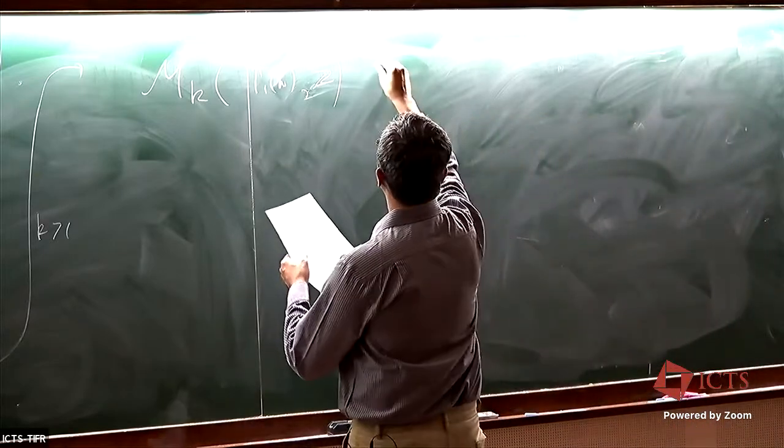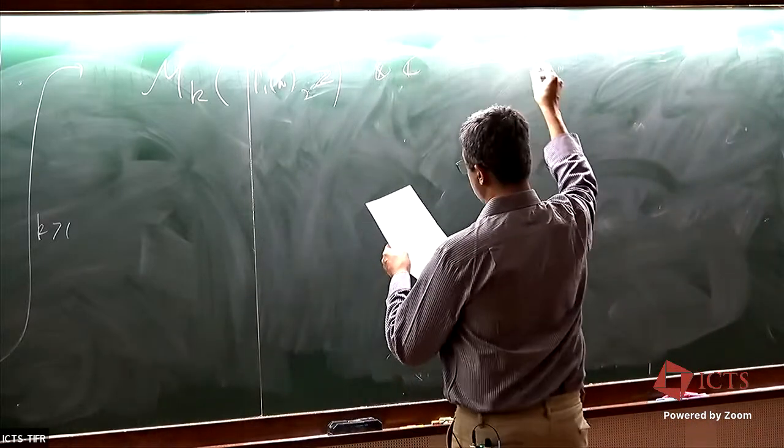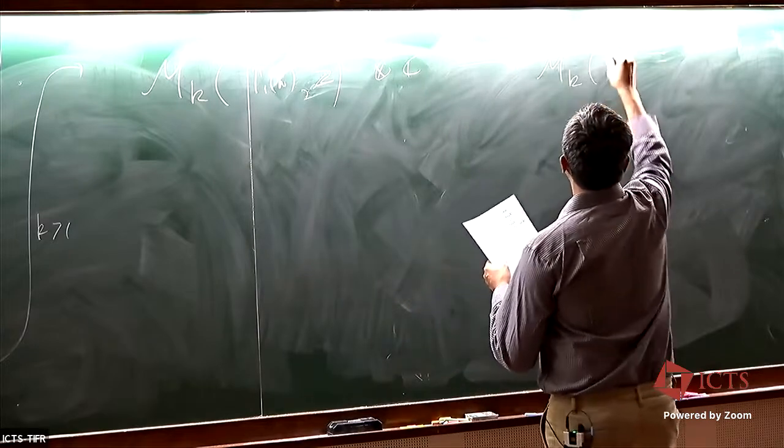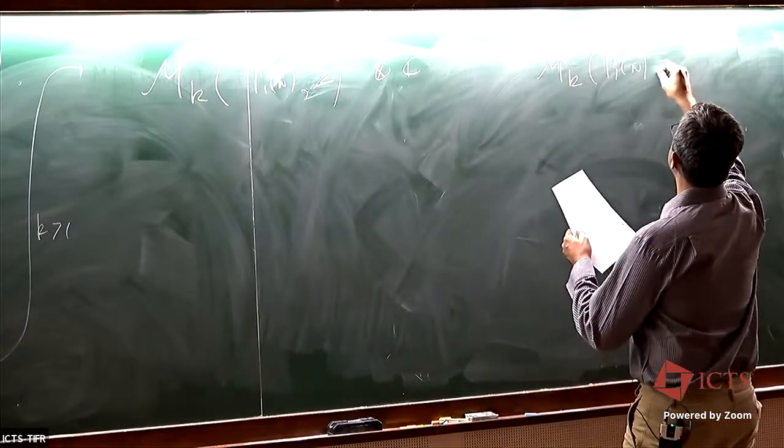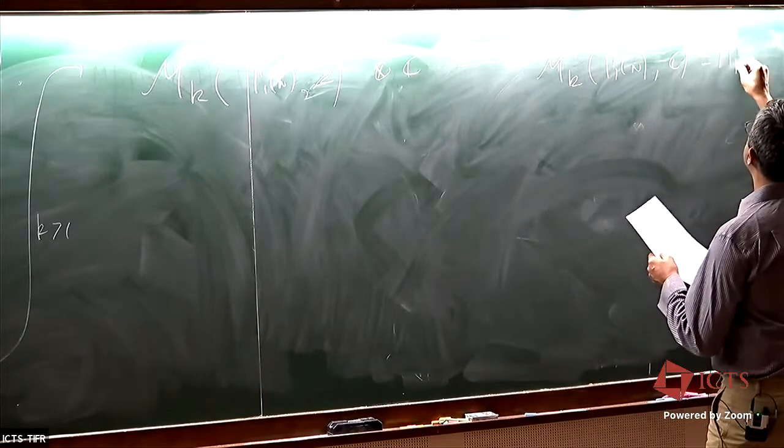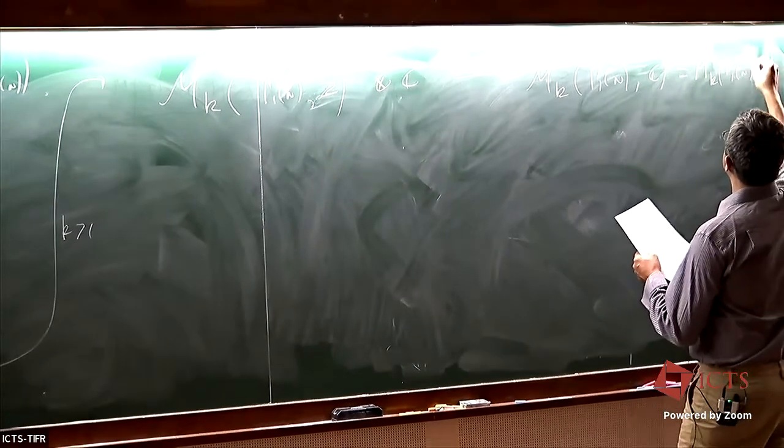To say that when you tensor this with C, you get M_k(Γ_1(n), C), which is the usual modular forms.